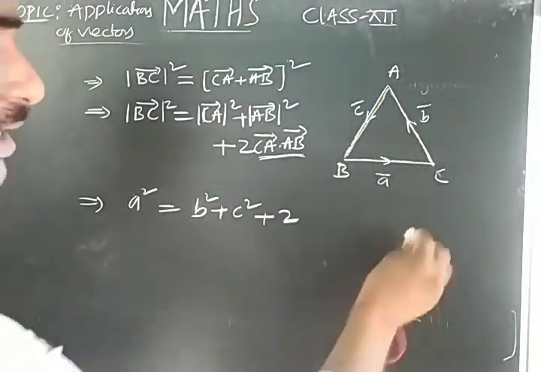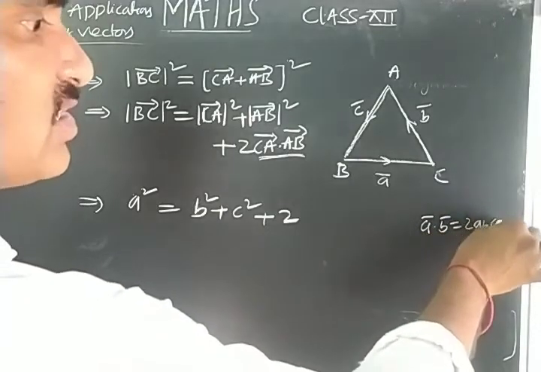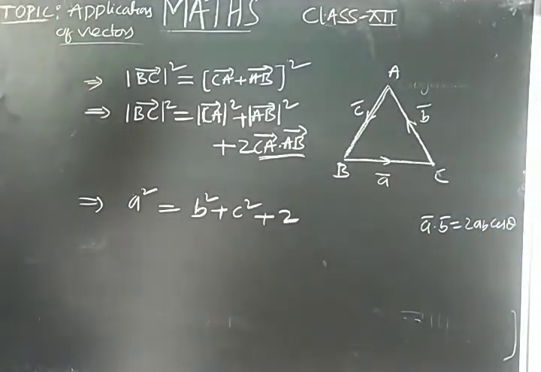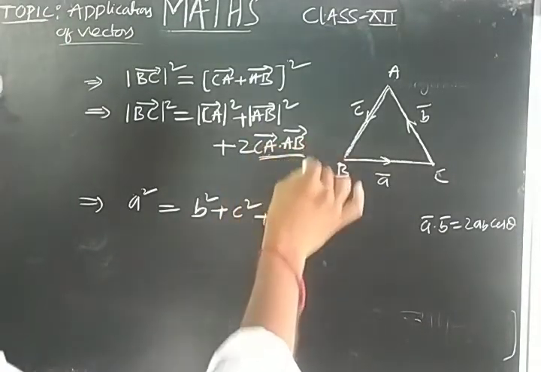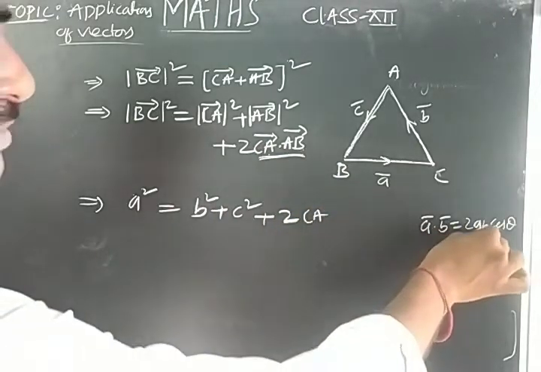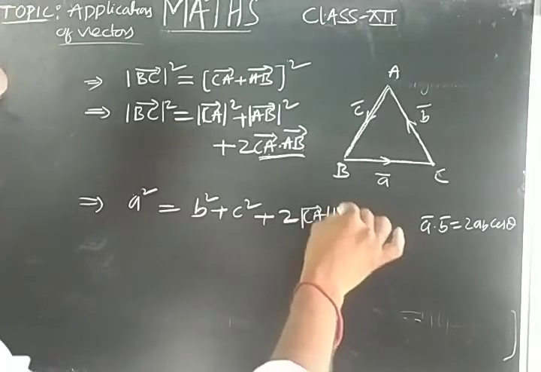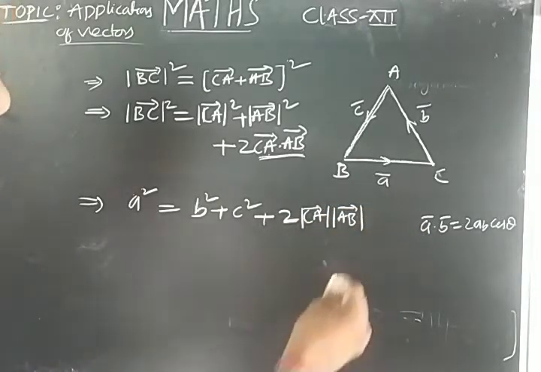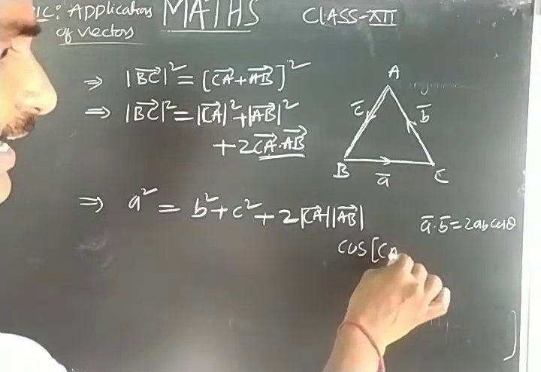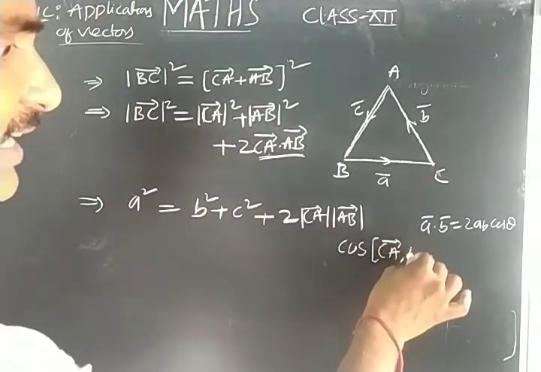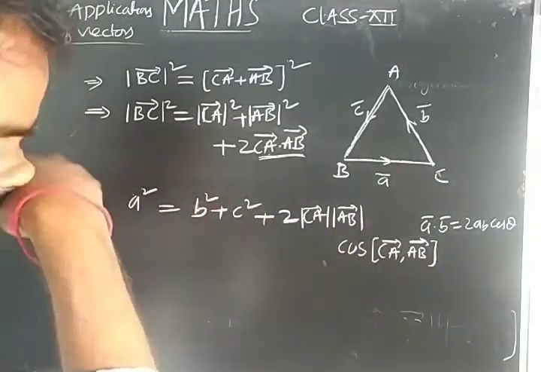What is the formula? A bar dot B bar equals mod A times mod B times cos theta. Similarly here, CA dot AB equals modulus of CA into modulus of AB, next, cos of the angle between the CA vector and the AB vector.